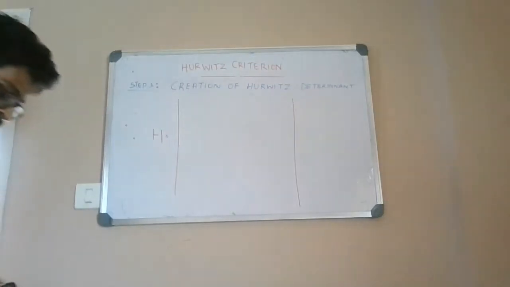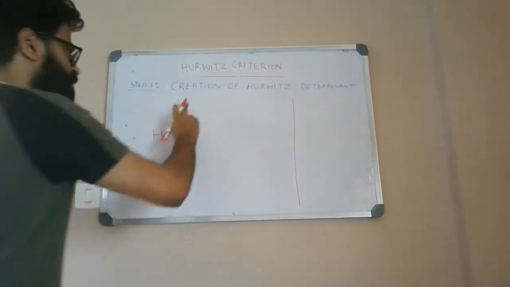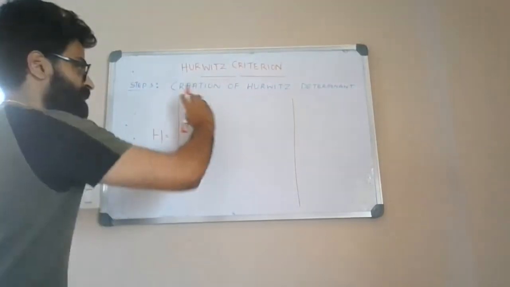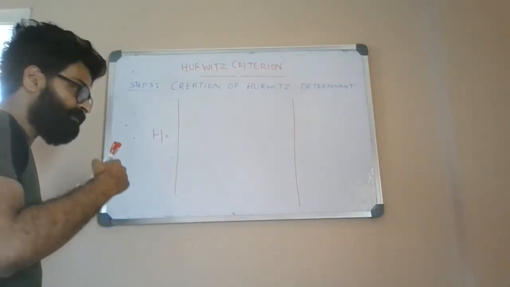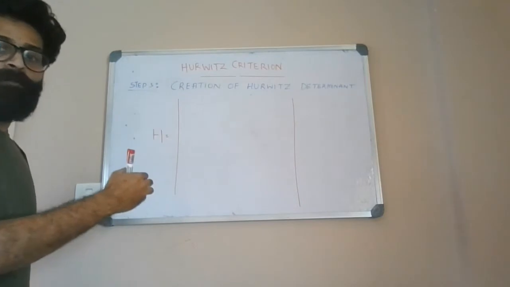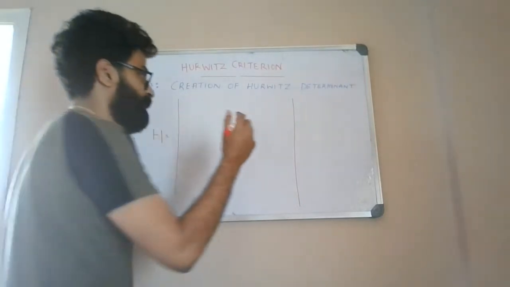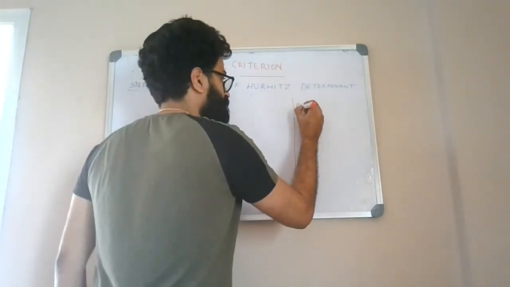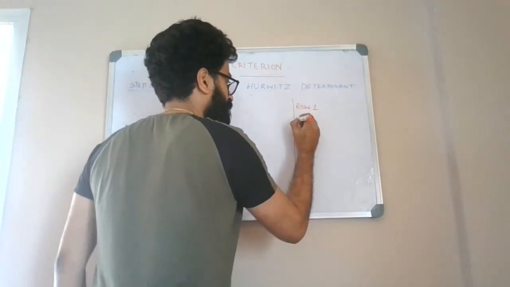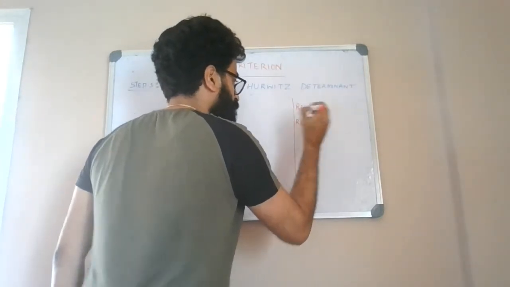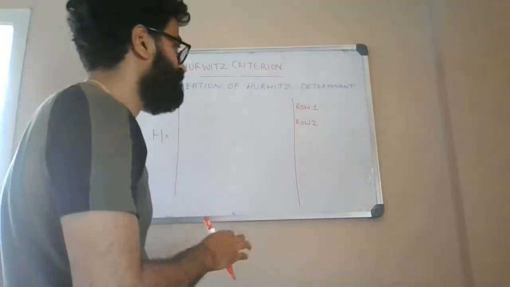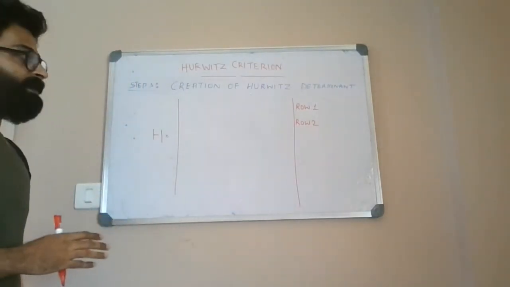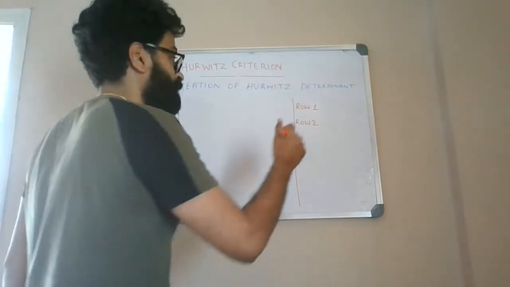Now, the first 2 rows of the Hurwitz determinant are taken directly from the characteristic equation. Say this is my row 1 and this is row 2. So the first 2 rows are constructed directly from the characteristic equation.